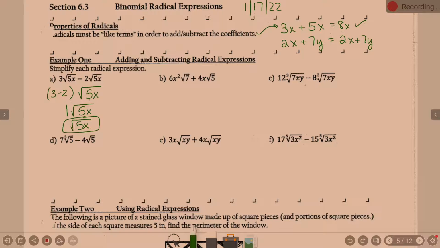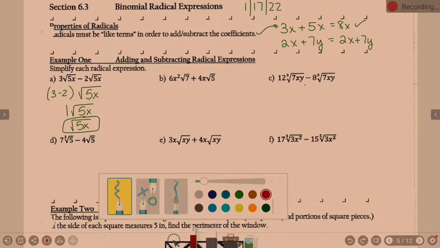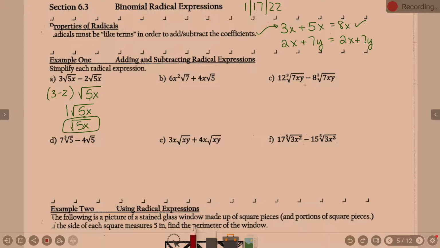Not exactly. What are you guys trying? So far, you're the only one that's tried. No one else is saying anything. Lorna? We'll just do 6x squared plus 4x and then add the radicals of 7 and 5.